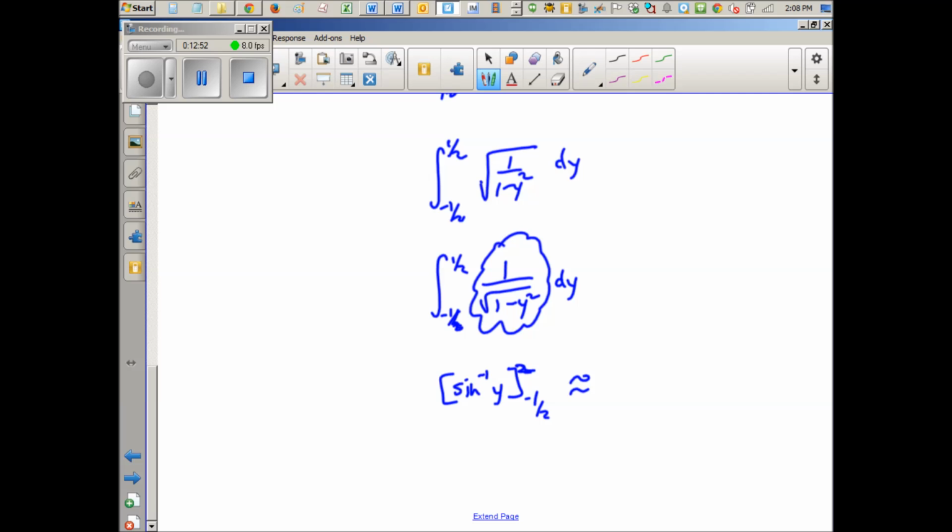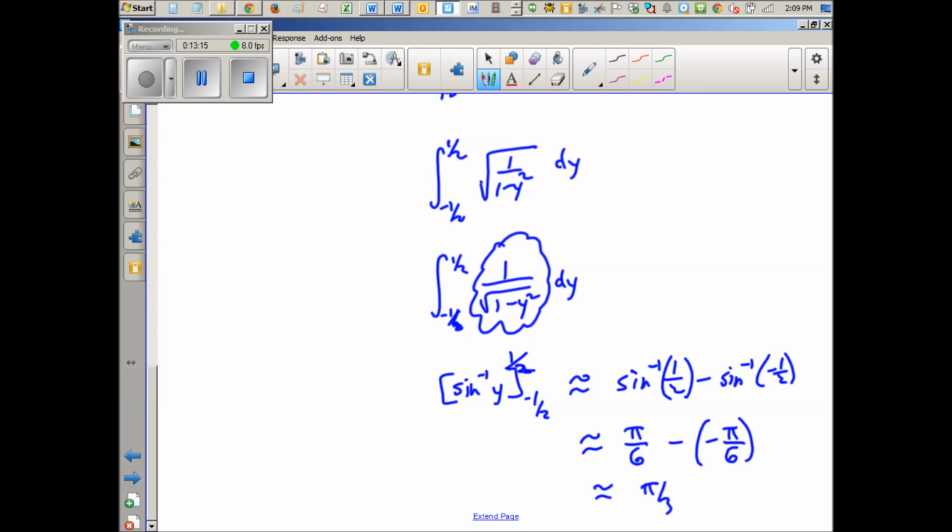This is going to give me, with limits from negative half to half, inverse sine of a half minus inverse sine of negative half. Well, this is just pi over 6 minus negative pi over 6, and that gives you pi over 3. The back of the book will say 1.047.